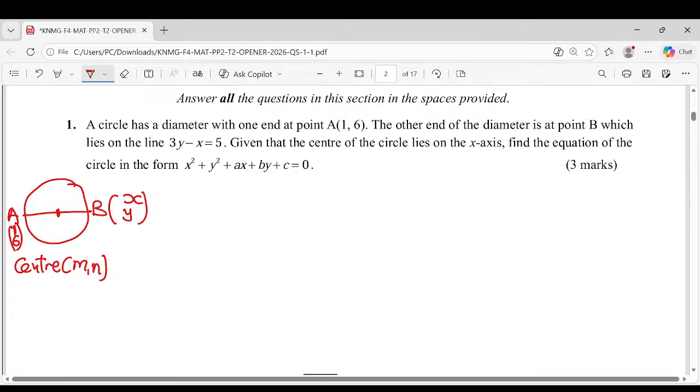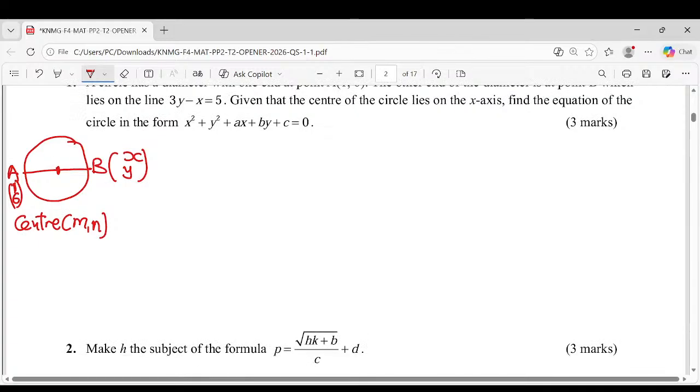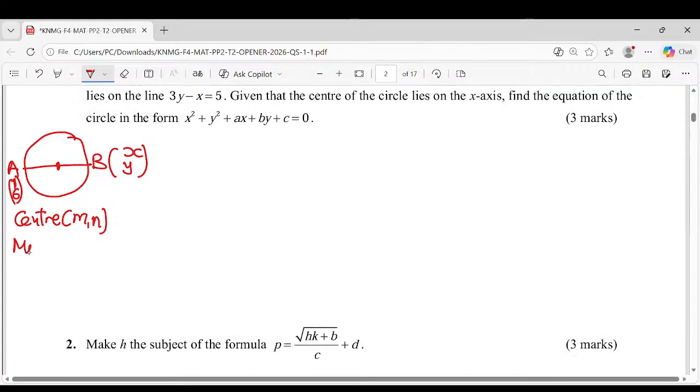How do you get the center? When you look at the diameter AB, the center of your circle acts as the midpoint of the diameter. And how do we get the midpoint? The midpoint is given by (x1 plus x2) divided by 2, comma, (y1 plus y2) divided by 2.